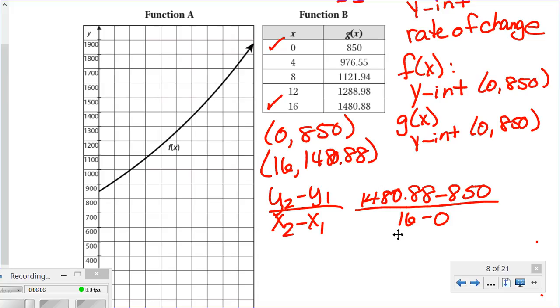After I do all the math in my calculator, I get 39.42 for my rate of change for g of x.